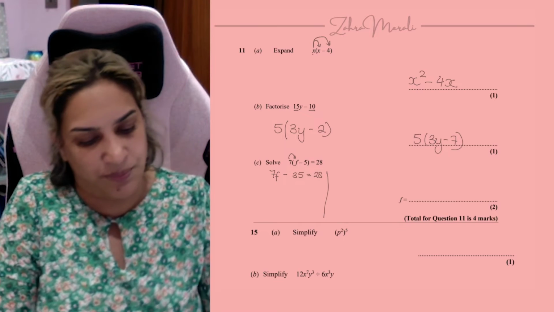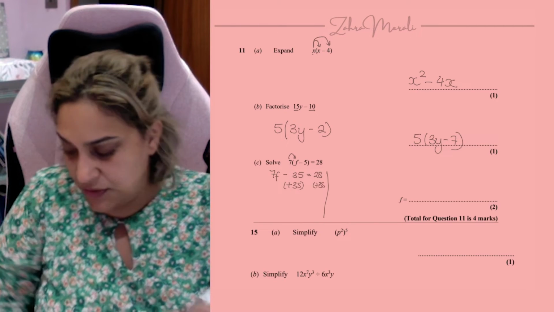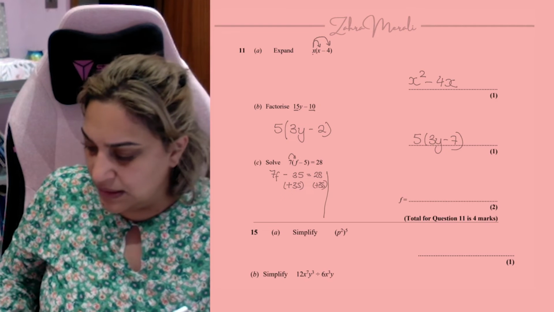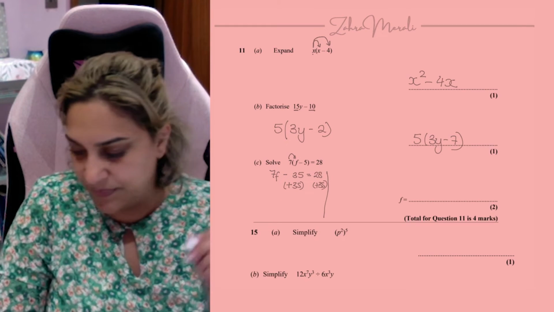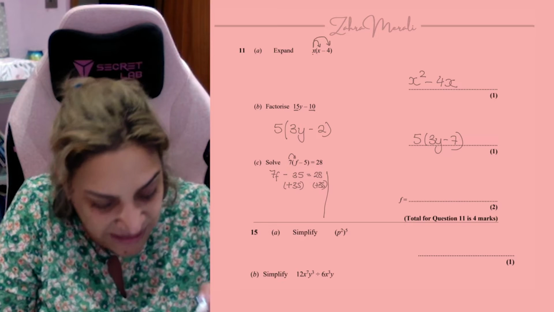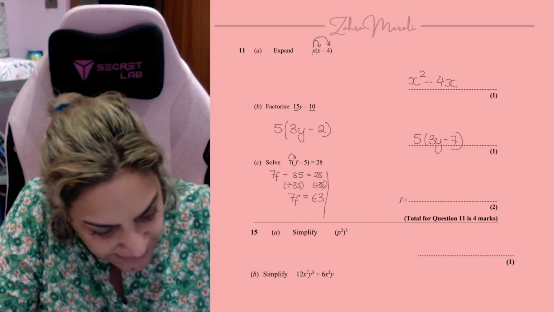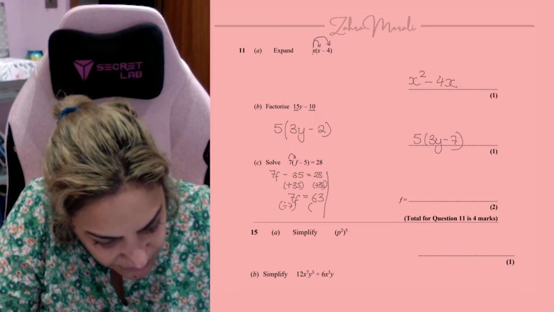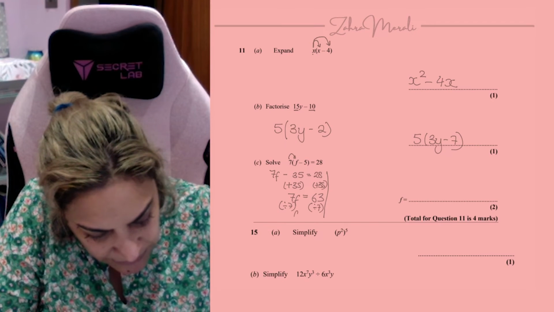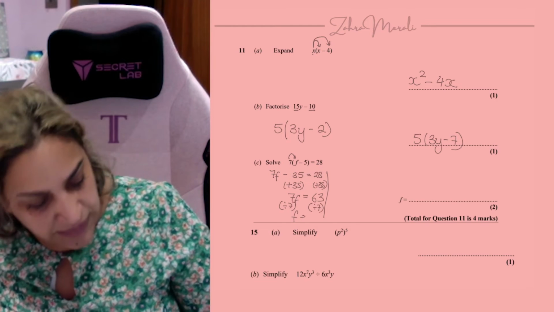And then you would add 35 on both sides. So you'd have 28 plus 35, 63, equals 7f. And then you could divide by 7. And you'd get to your answer.